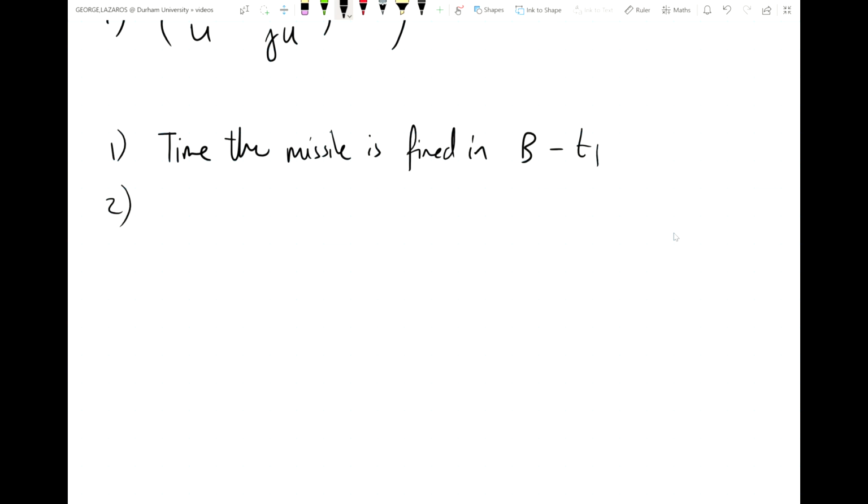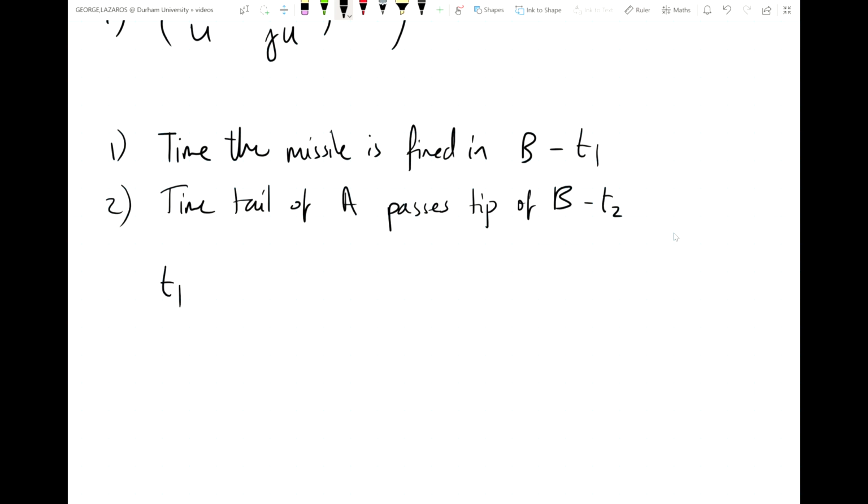And the second time we need to consider is the time the tail of A passes the tip of B. We need to consider this time because if the tail of A hasn't reached the tip of B by the time the missile is fired, then the missile won't hit B. So if T1 is less than T2, this is T2, then we know that we have agreement across both frames.